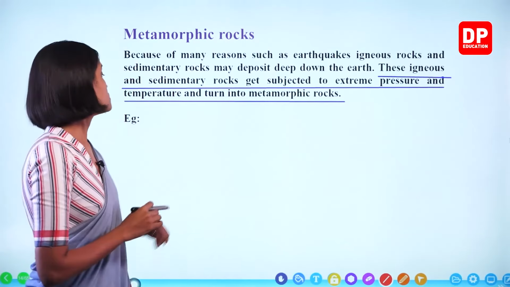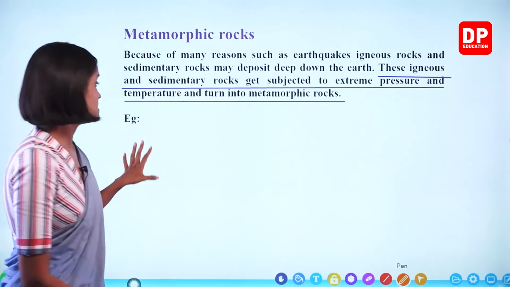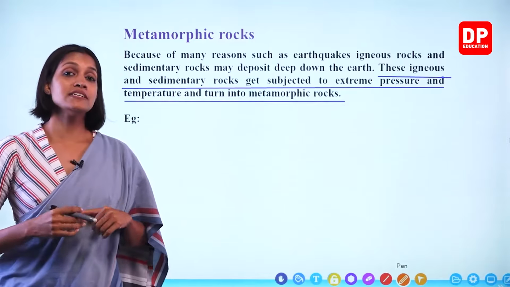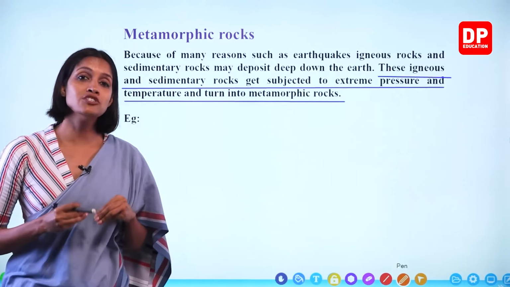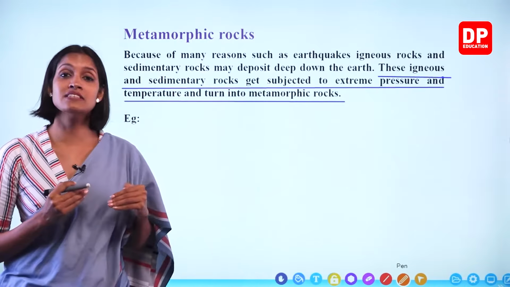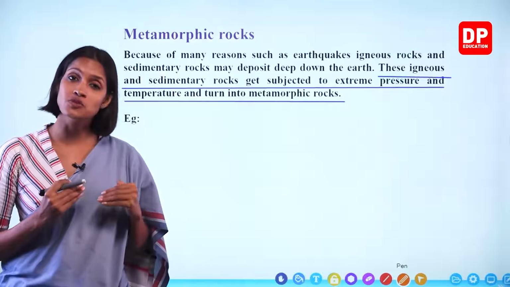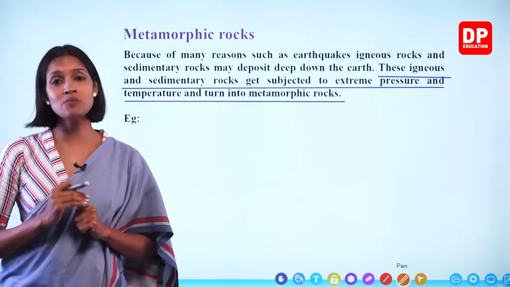Right, children? So what are the examples? Now, you know that there's a type of rock called marble, right? Marble is used to make different statues, okay? So in India, there's this building called the Taj Mahal. The Taj Mahal is also made of marble. Okay, children, so what is this marble?